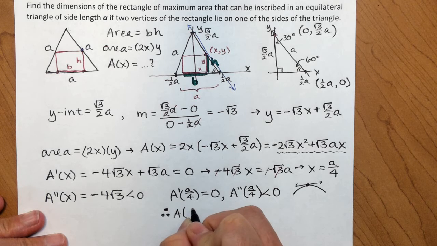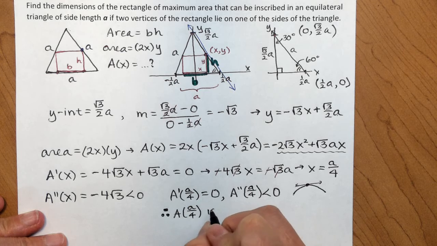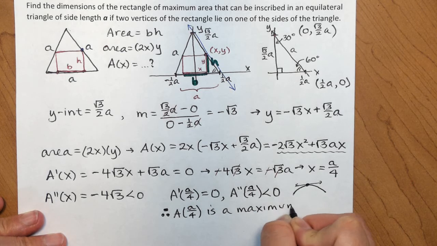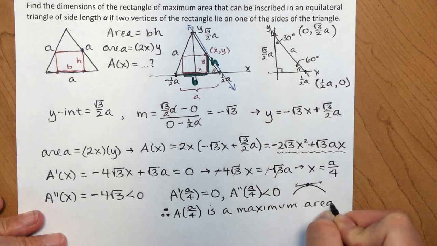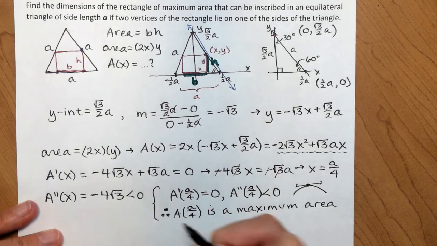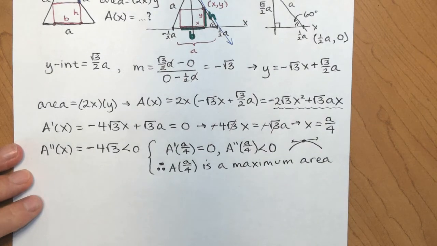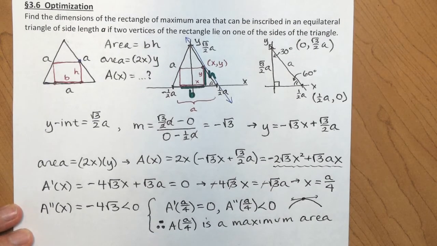Therefore, A of a over 4, I've got a lot of a's here, is a maximum area.